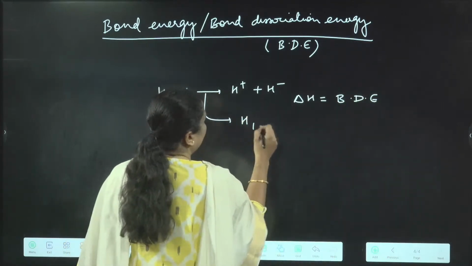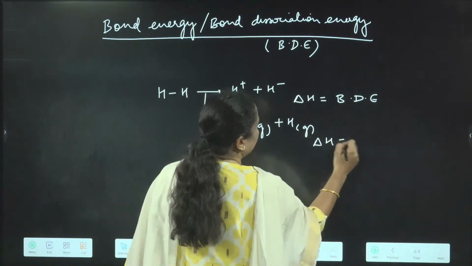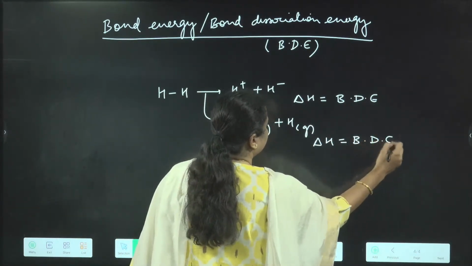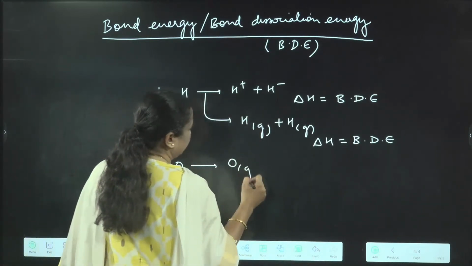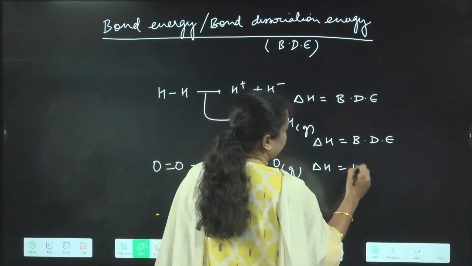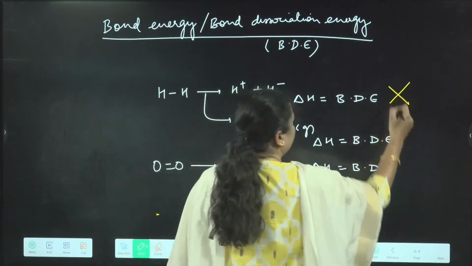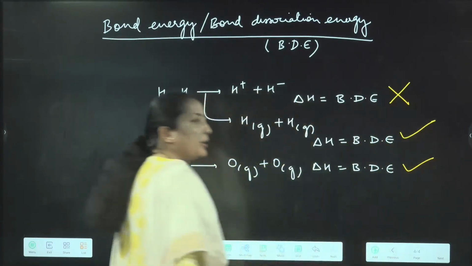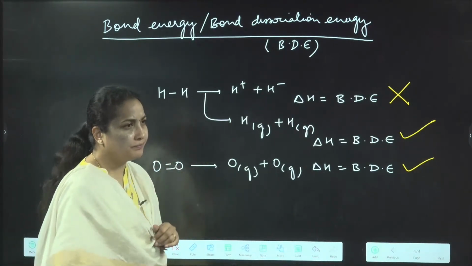Or else I can also write like this. You have to identify which one is correct, first or second. I could have written in both the ways. I'll say that this is not the correct way, this is the correct way. Are you able to see I'm breaking the bond here, right?